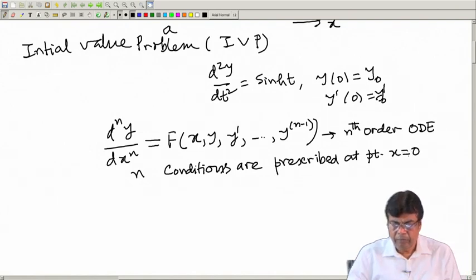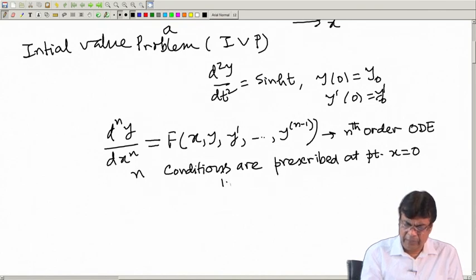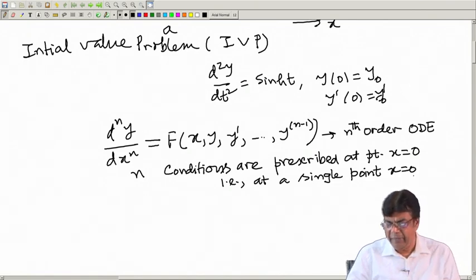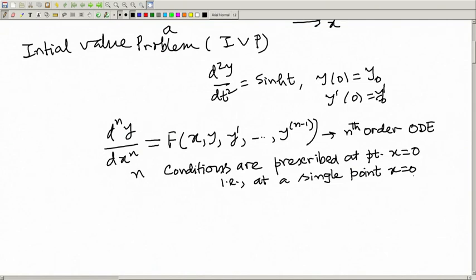All the conditions are prescribed at a single point. It can be x equal to L or whatever, we can bring it down to x equal to 0.